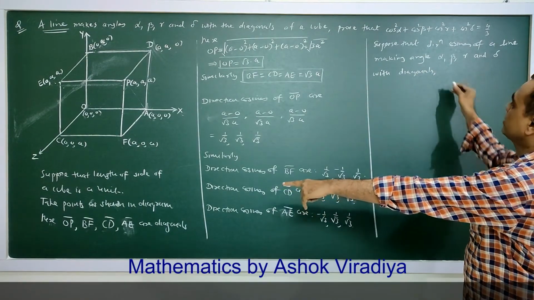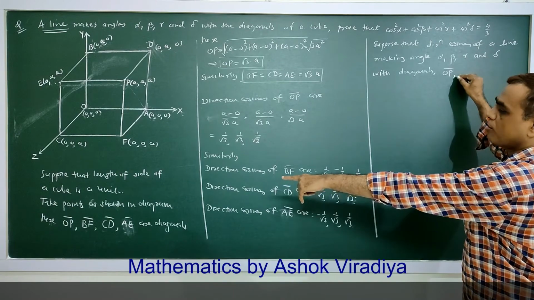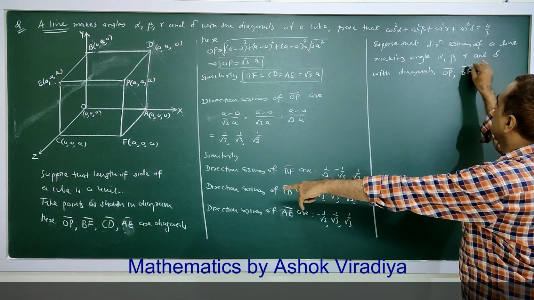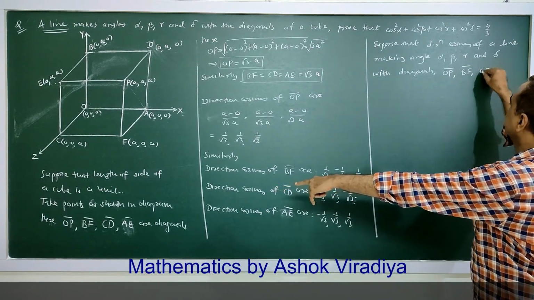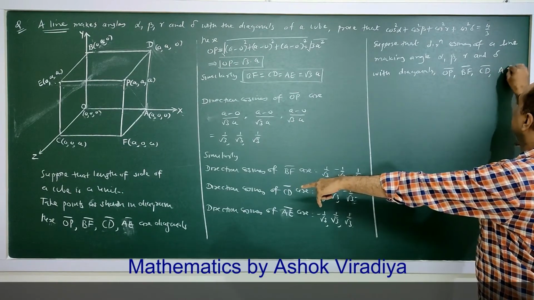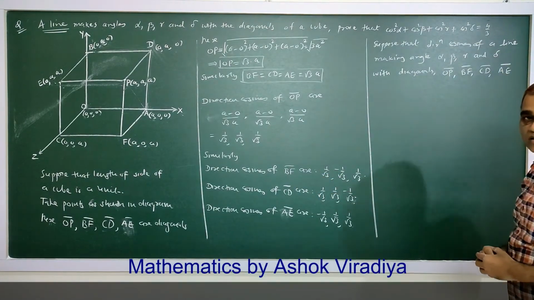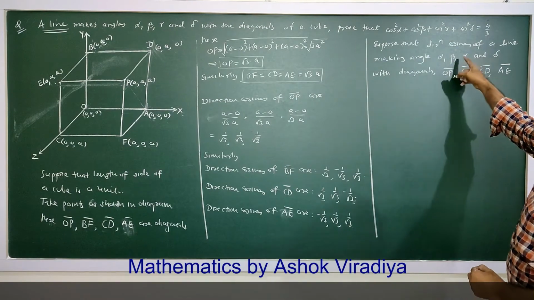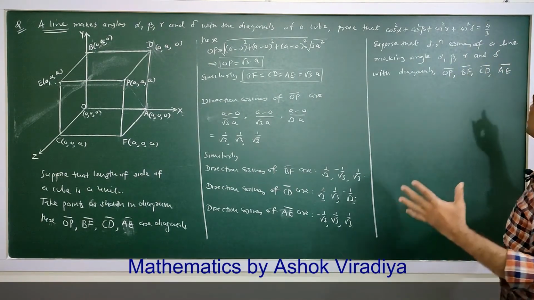Now we take this sequence OP, BF, CD, AE. The line is making angles alpha, beta, gamma, delta with these four diagonals respectively.